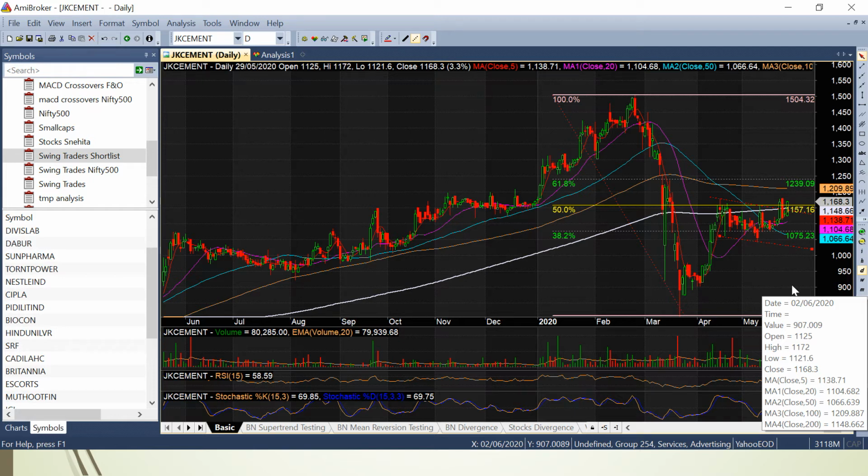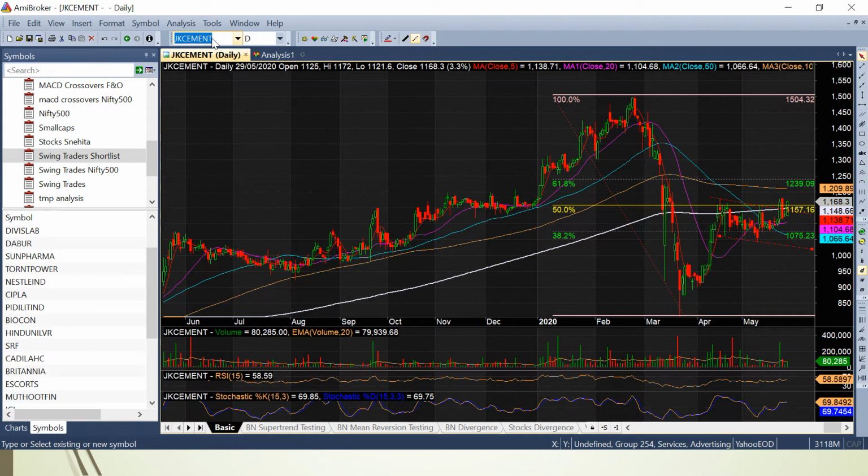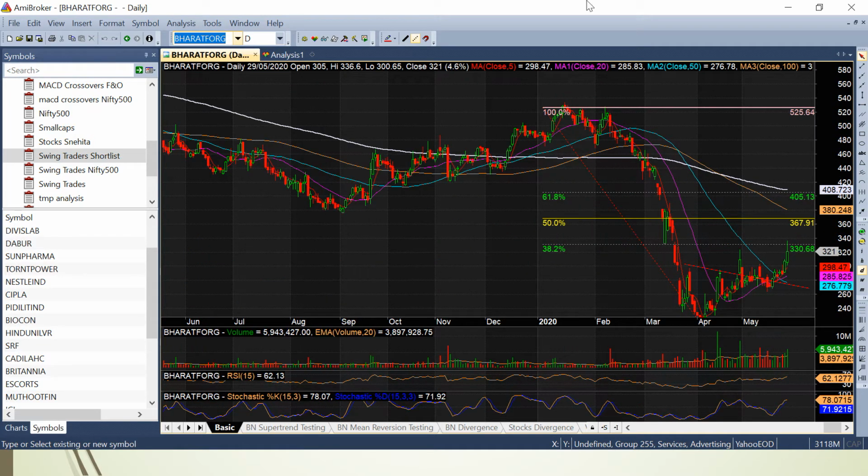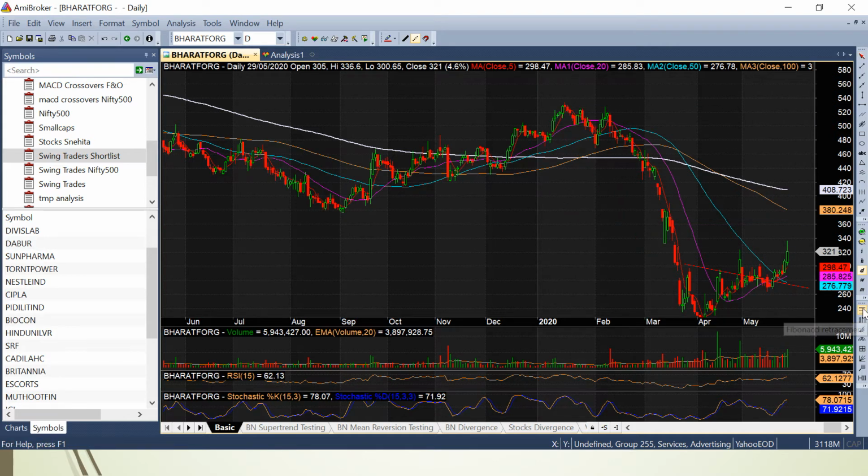Another example I have is Bharat Forge. So let's go to Bharat Forge. Here also I did the same. If you want me to show you again, let me do it again. How to draw: I pick the Fibonacci retracement indicator tool, start from the bottom, take it all the way to the top, and drop it.